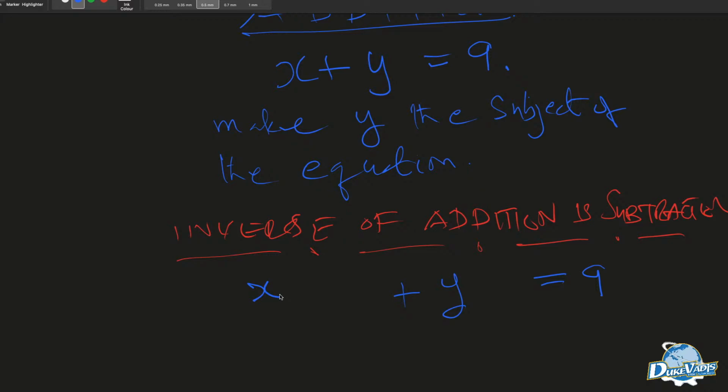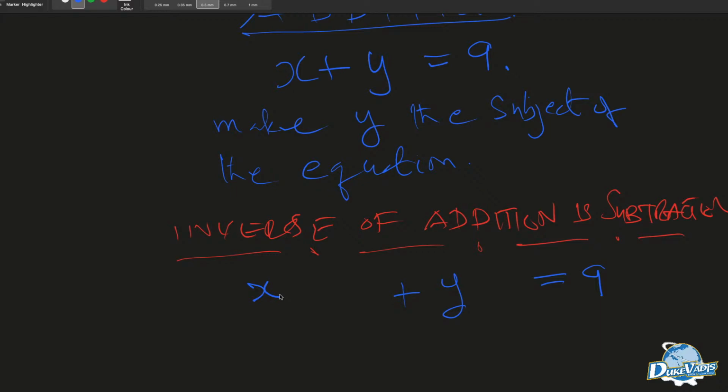And I've been told that the inverse of addition is subtraction. Therefore, if I want y to stand alone, all I have to do is subtract x from each side of the equation. Because we've been told that what we do to the left-hand side, we have to do the same on the right.